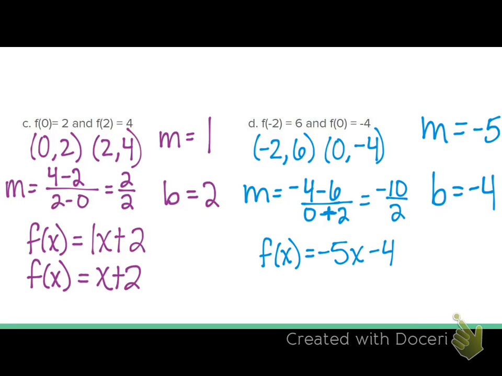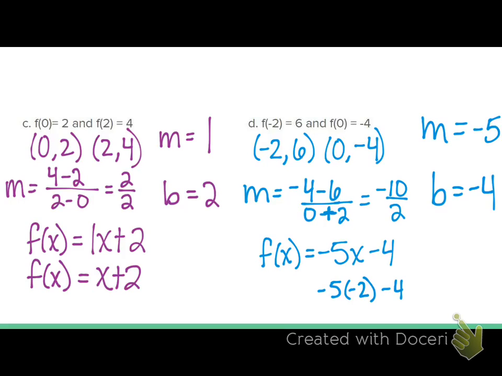You could always double check yourself by plugging back in the x values that they give you and seeing if you get the same y value out. So if we plug a 0 into this function, 0 minus 4 would give us negative 4. If we plug in a negative 2 here, negative 5 times negative 2.